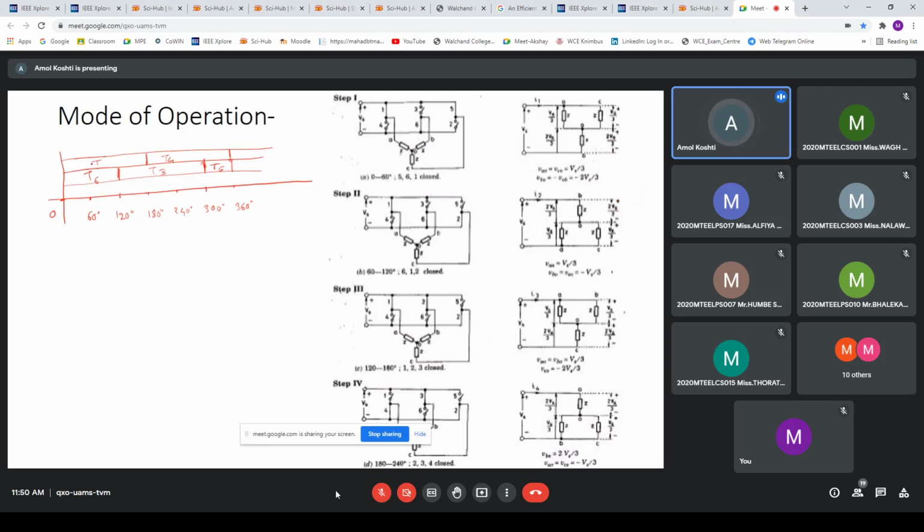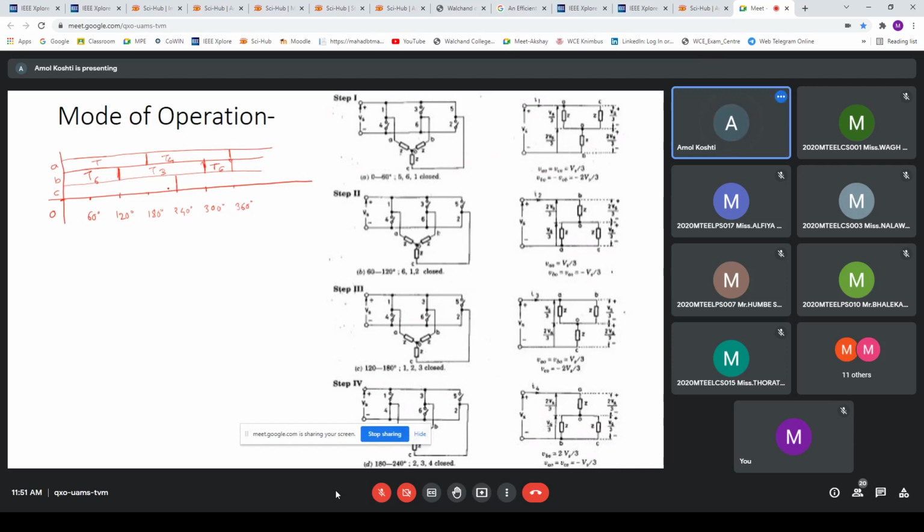This is for A, this is for B, and we'll take the last for C. After A, 240 degree means this is the instant. After B, this is the instant of emerging of B phase, and after this 120 degree, here it is 240 degree.